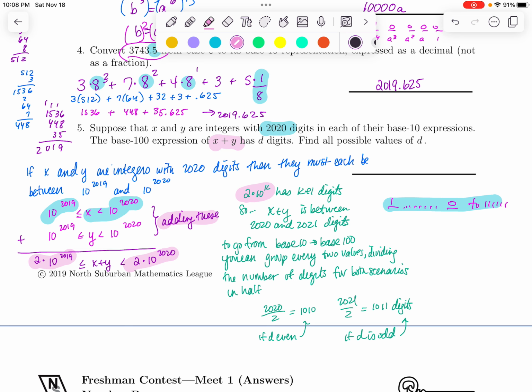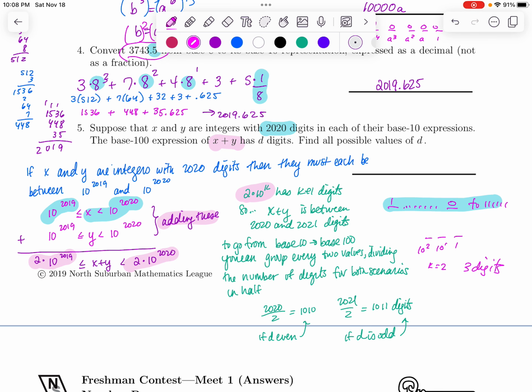And we know that because, like we just looked at here, this is 10 to the 1, this is 10 squared. So in this case, if k is equal to 2, then I have 3 digits. So I know that any value that has a power of 10 to the k has k plus 1 digits.